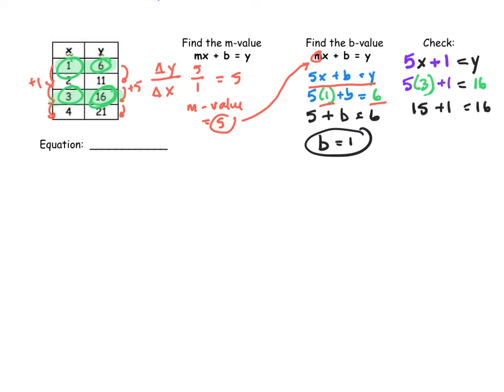Next, we replaced the b in the formula here, and then we also checked another ordered pair, in this case 3 and 16. And so this was true. 15 plus 1 equals 16.